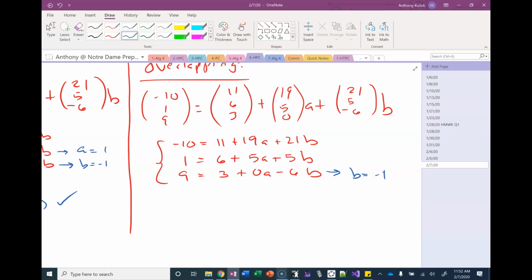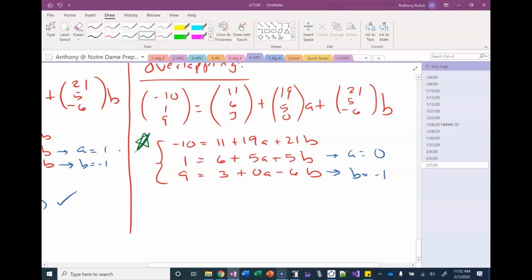And if I do the same thing and solve this for a, I get that a is, what's that, -1, 0, I think, right? That's 1 and then yeah, 0. Thank you. Everybody's okay there?